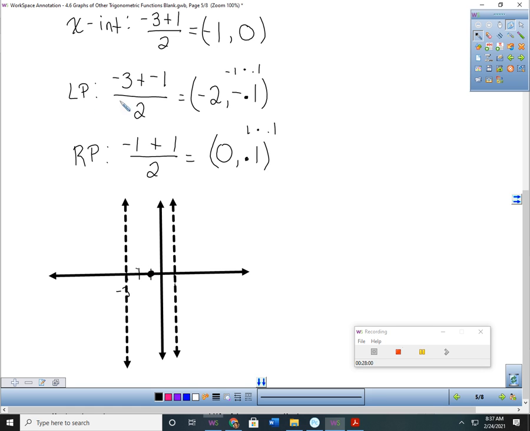My left point is at negative 2, negative 0.1. So if this is negative 1, it's a tenth of the way down, right? So super close right here. We squished it. All right, and then I know that my other point, my right point, let's say this is 1, would be 0 and up 0.1. So this is a really short, squatty kind of graph.